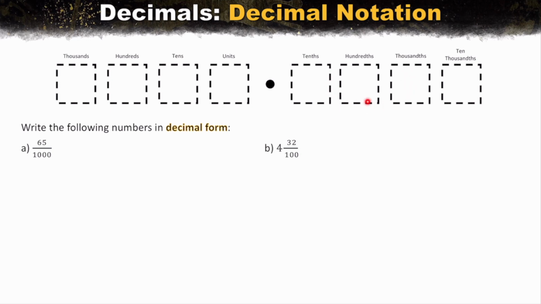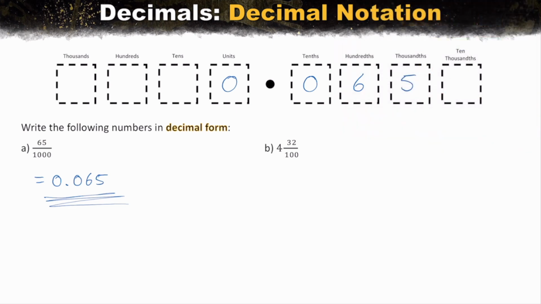So we need to write the 65 starting with the 5 here in the thousandth column, because this is 5 thousandths. So we put the 5 here, we put the 6 here, and we put zeros everywhere else because we don't have a whole number here. And what we've actually got is the decimal straight away. It's 0.065, which gives us our 65 thousandths. If we can think of numbers like this when we look at this decimal as 65 thousandths, it makes going in reverse so much easier to do.